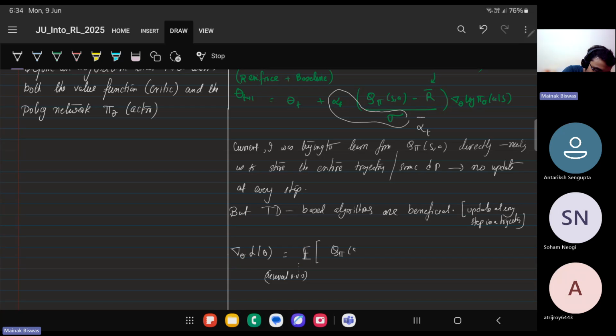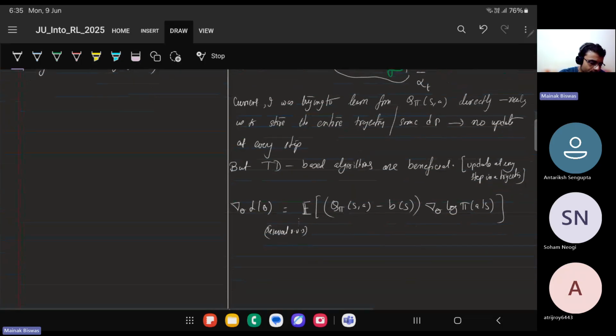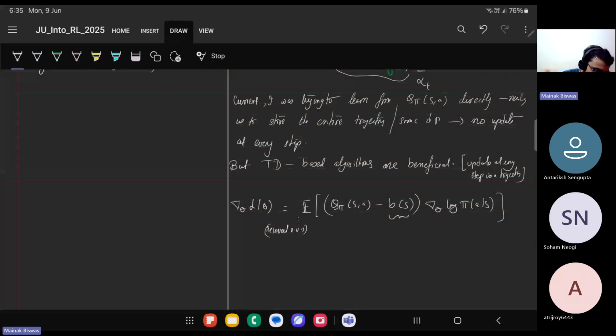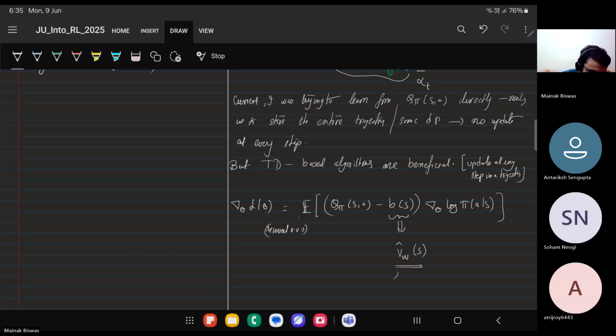Q pi of S, A minus a baseline of the state, times the gradient of log pi of A given S. Correct? Now I will say that this b(S) is a value function. I'll say what W is in a while. Let b(S) be the value function. This is how the actor-critic algorithm was developed.